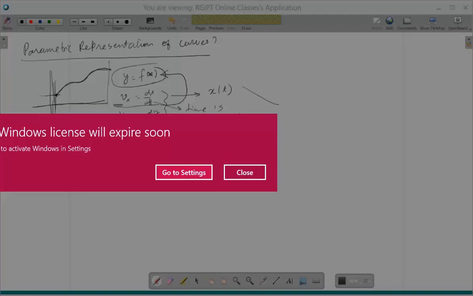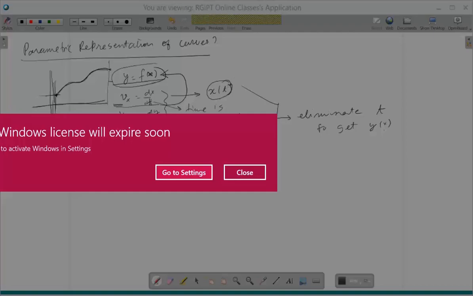In between these two, I can eliminate t to get y as a function of x. That will be exactly the same as the equation of the curve. So either you give x(t), y(t) information, or you give directly y equals f(x).